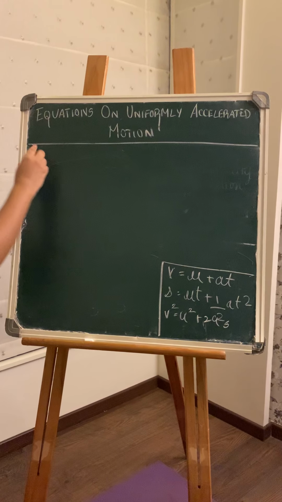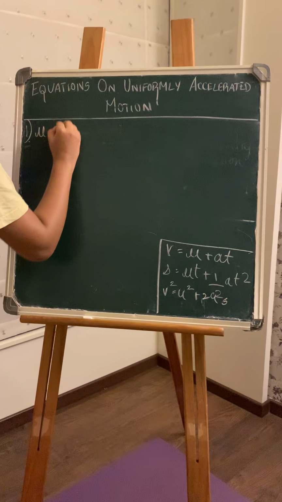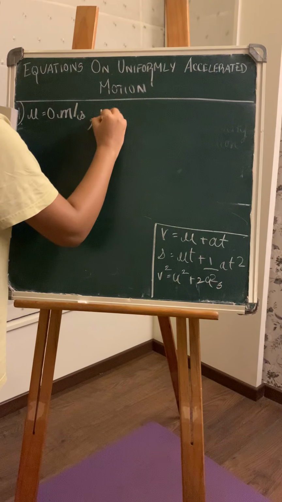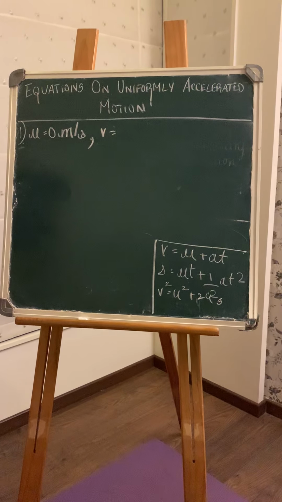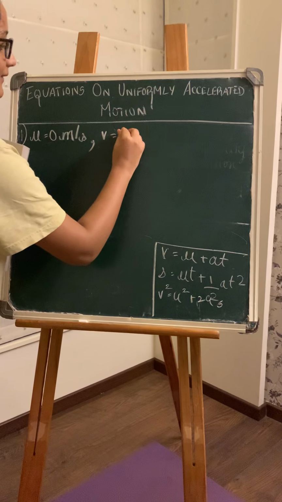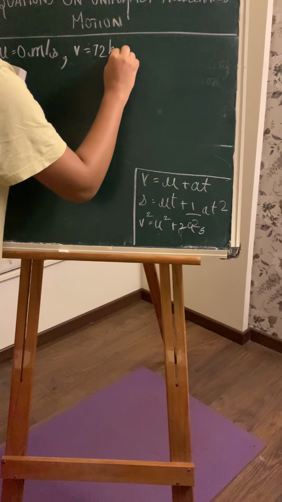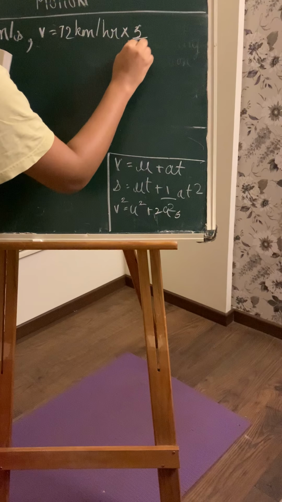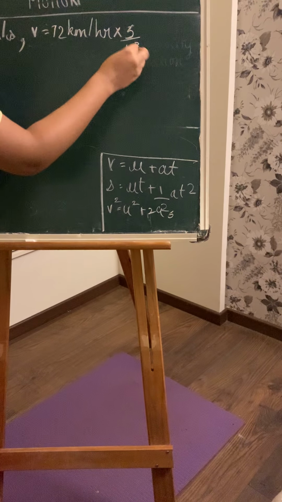Okay, so it says that the train starts from rest. So our U is 0 meters per second, and our V, our final velocity, is 72 kilometers per hour, which can be written as into 5 by 18 to convert it into meters per second.